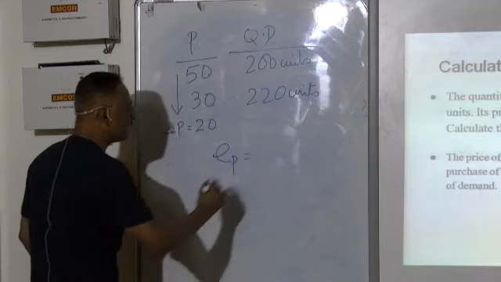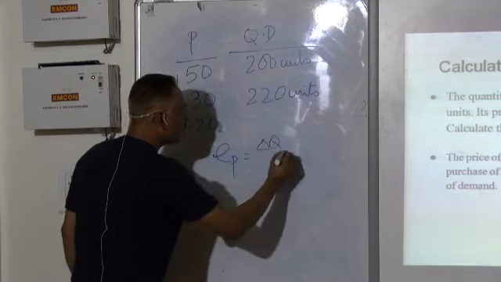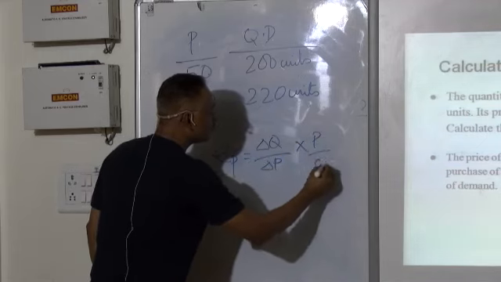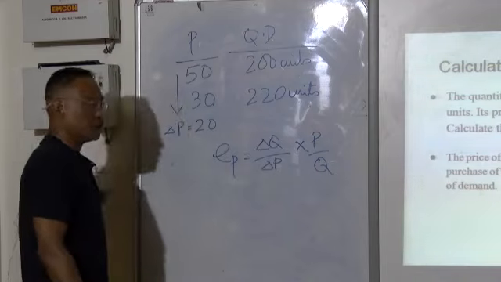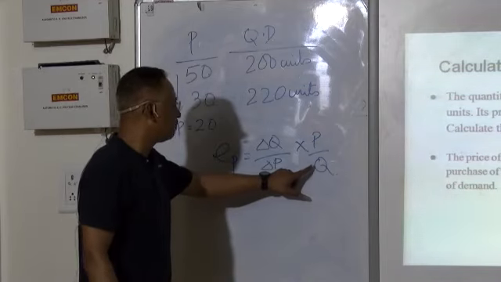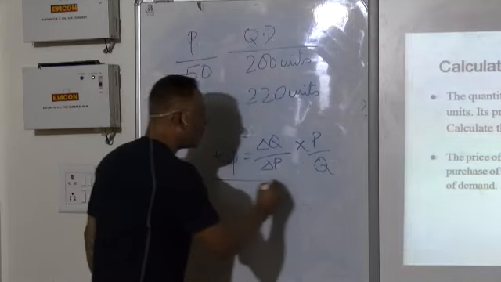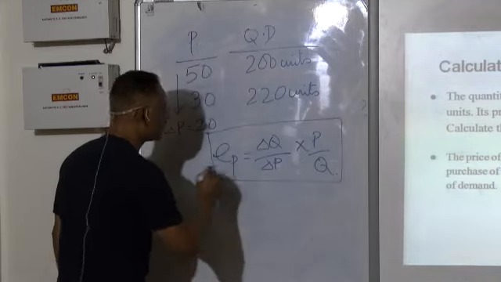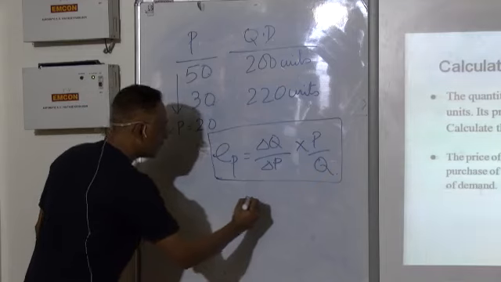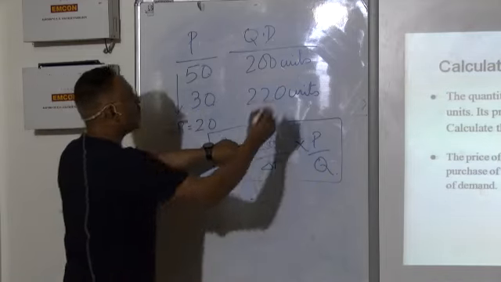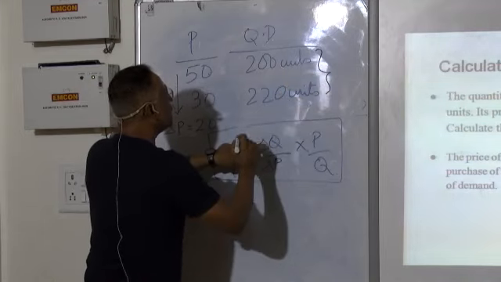Again, the same formula, delta Q upon delta P into P upon Q. Generally, students make a mistake by taking this Q up and taking the P down. Be careful. Your formula has to be correct. So we calculate the price elasticity of demand. Delta Q, what is the change in the quantity demanded?